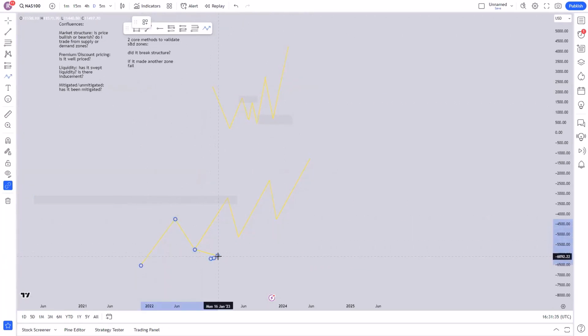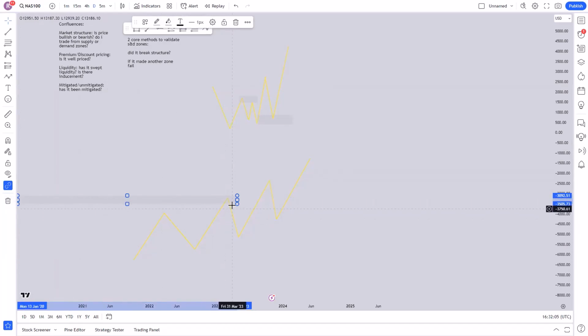Let's draw this on. So somewhere in the left here we have an unmitigated, valid supply zone, but we now know that price is bullish. We've got this low, made a swing high, swing low, swing high, and we've mitigated this fresh supply zone all the way from the past.